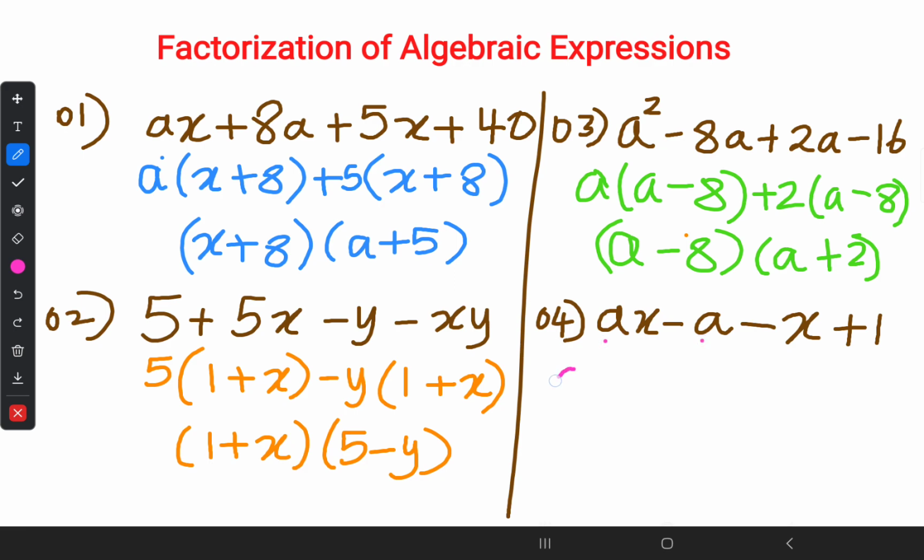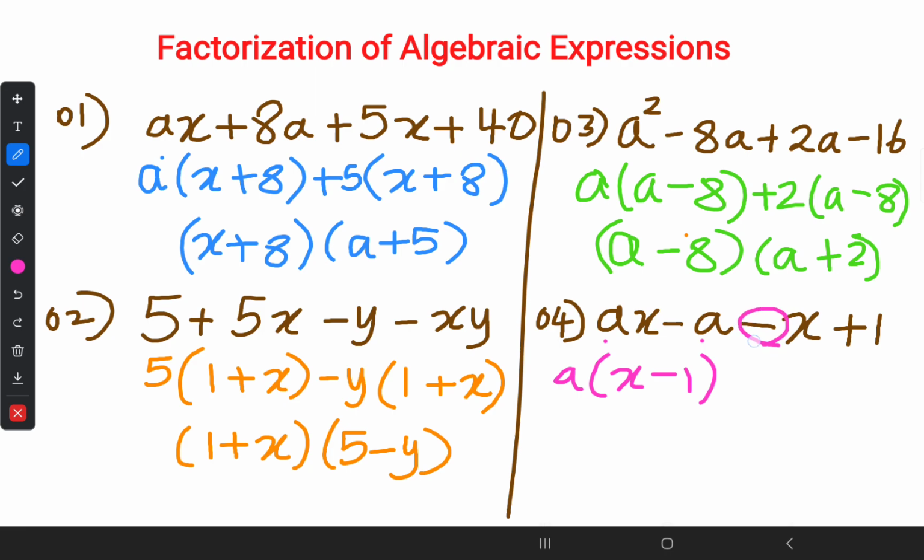For the last one, in the first two, let's select a, giving x minus 1. In the second pair, we cannot select anything because there is nothing common between negative x and 1. So in this case, you should select 1. In any instance where there are no common numbers or unknown constants to take as common factors, you can select 1.